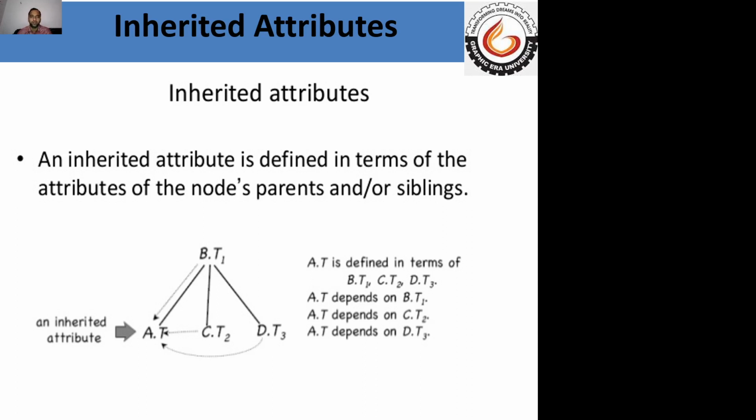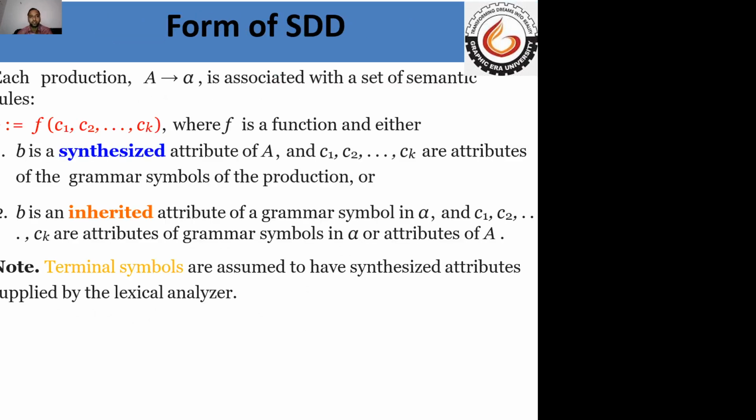You got it or not? So this is very simple. This is the mathematical way. b is an inherited attribute of a grammar symbol in alpha, and c1, c2 and ck are attributes of grammar symbols in alpha or attributes of A.